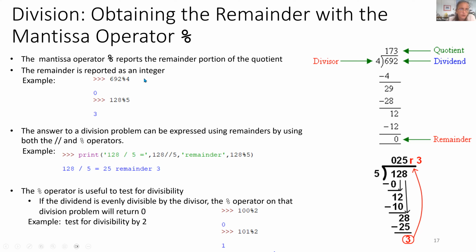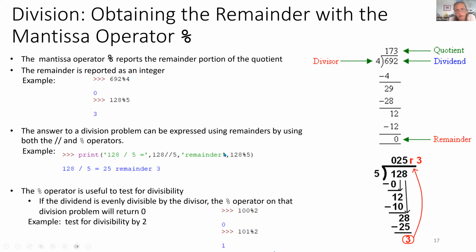So, for example, 692 divided by 4 didn't have any remainder, so our modulus tells us 0 because there's nothing left over, and 128 % 5 tells us 3 because we had a remainder of 3.